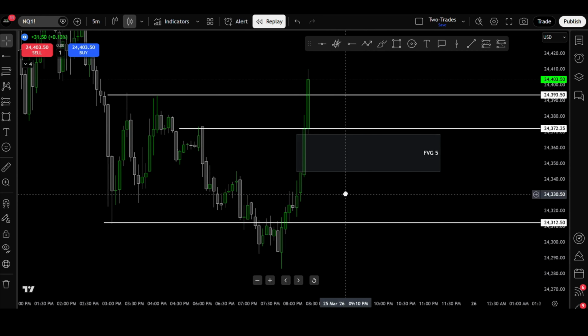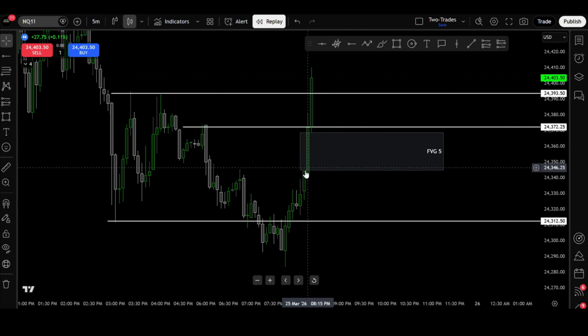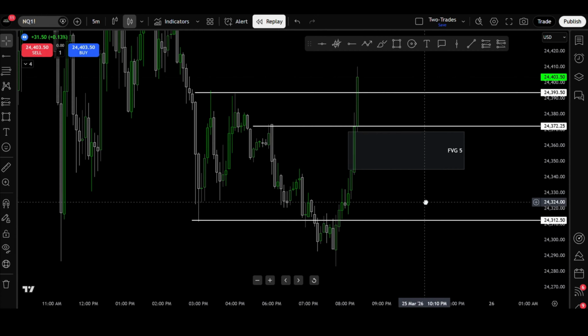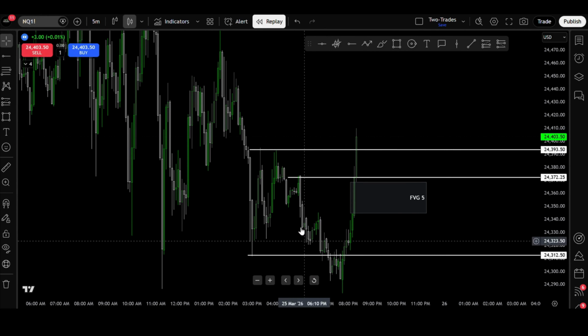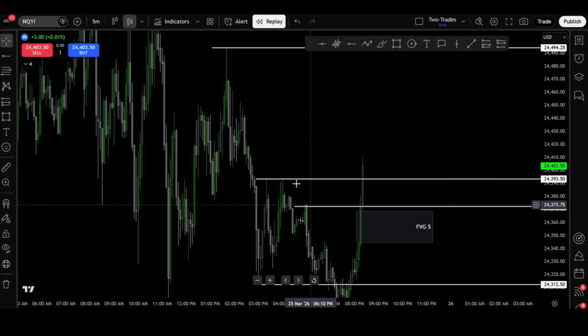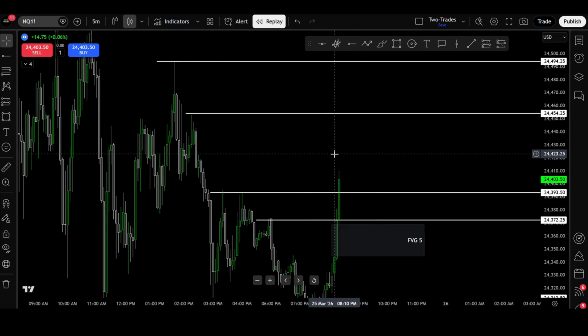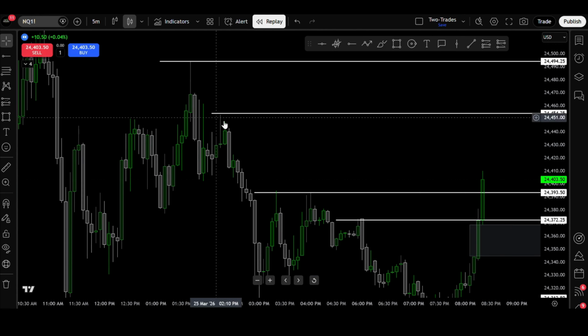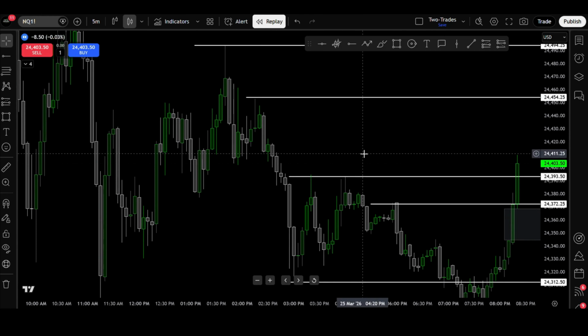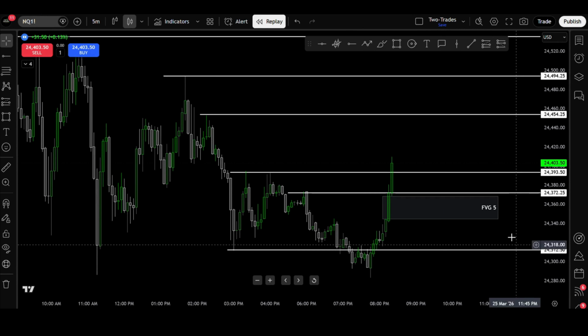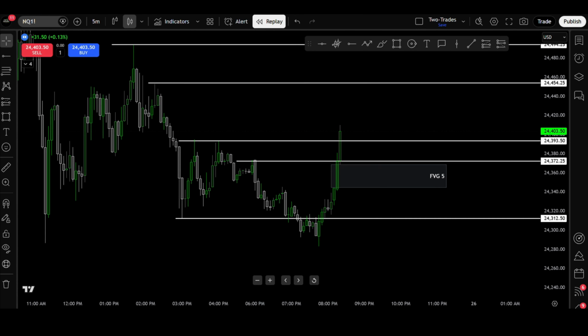That is an important area for me right here because a lot of buyers stepped up and really pushed the price higher, right? So now that we have our two key levels right here, then we have another one up here, and we could also mark that one too if we wanted to because, not obvious, but you can clearly see that it was a lower high on a smaller time frame, right? So let's see what happens next.